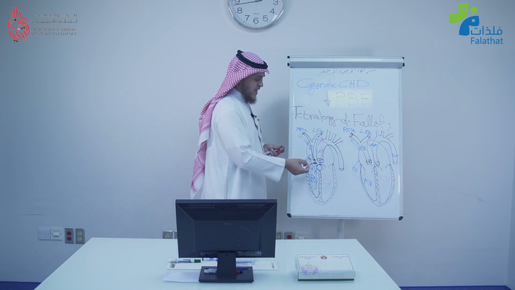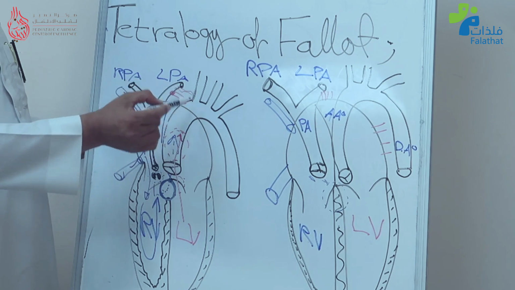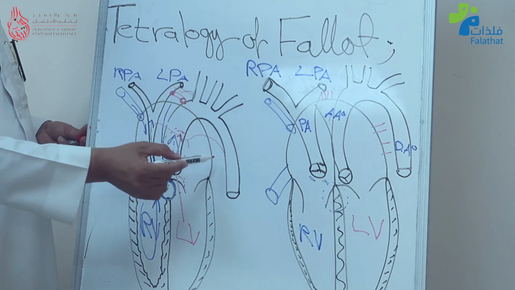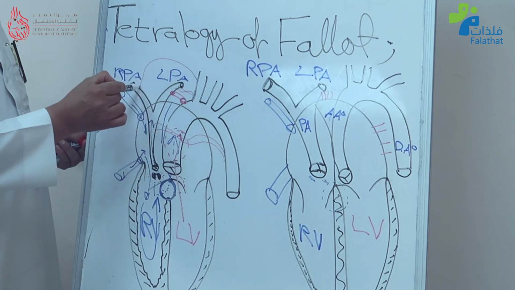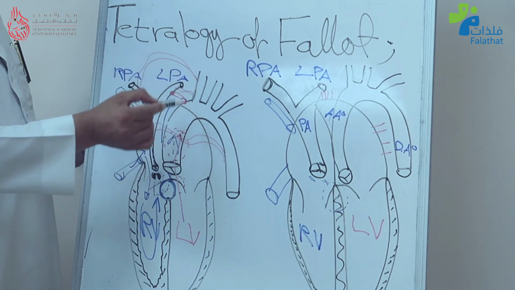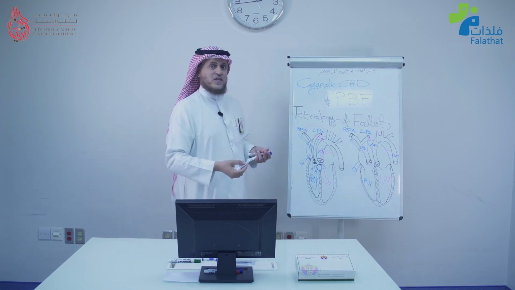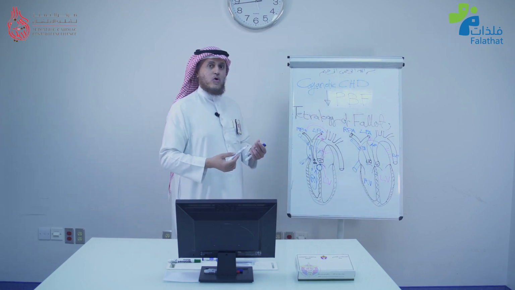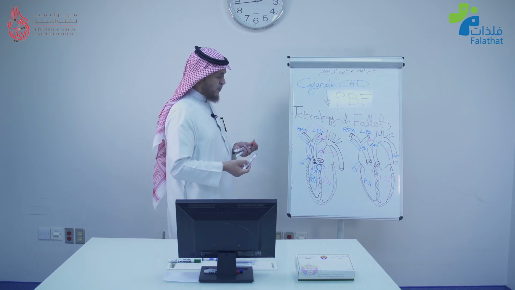That means because of the atresia here, we may find arteries coming either from the neck vessels or from the descending aorta, like this, collateral arteries coming to supply the lungs with blood flow, and this will keep the patient alive. And that's a very rare, very complicated form of Tetralogy of Fallot.